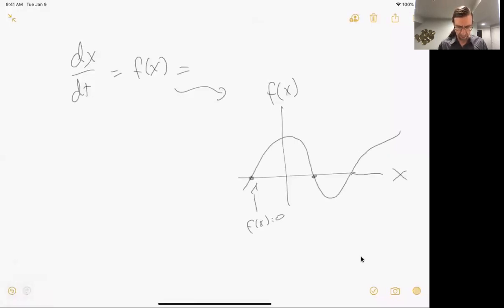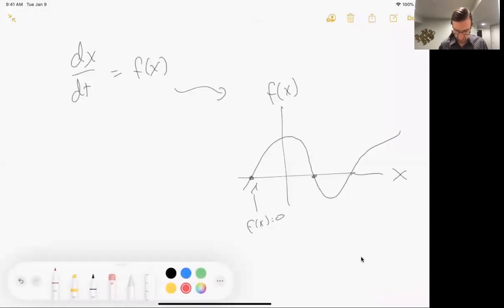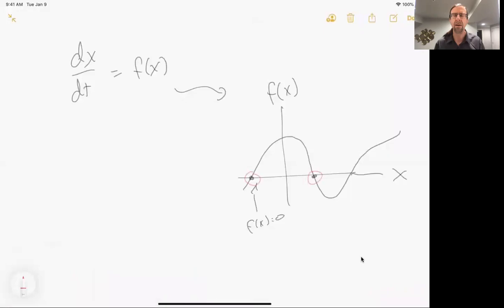So these points here and here are going to correspond to equilibrium points. Let's say this were at -2 and this were at 1.